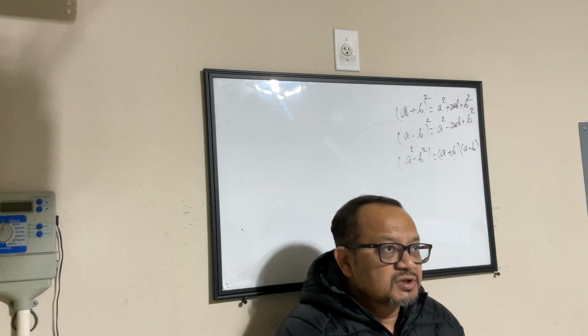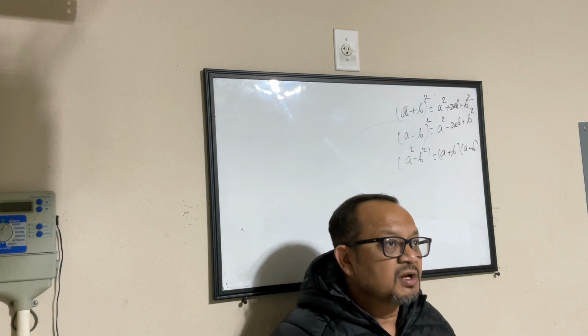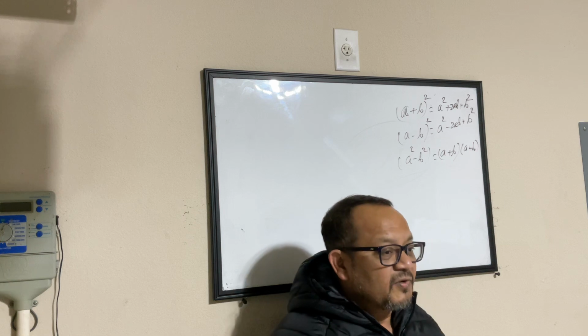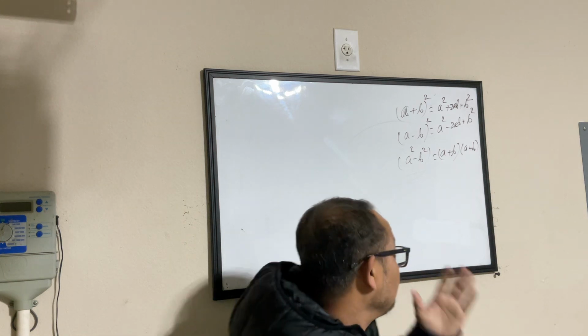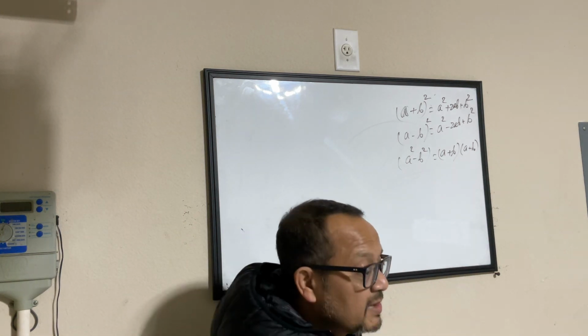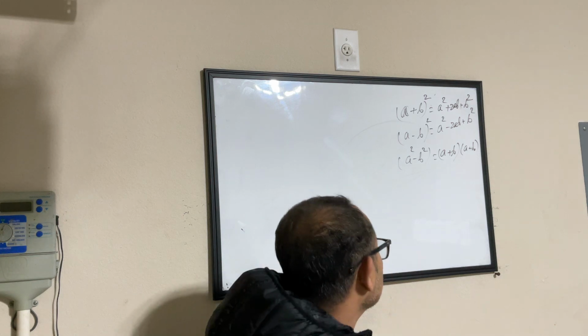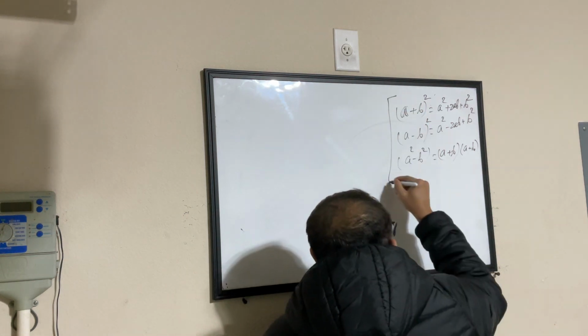Primarily, when it comes to solving a quadratic equation or polynomial, you end up first factorizing it. So we'll learn some of those tricks, or we will touch upon those concepts for factorizing.